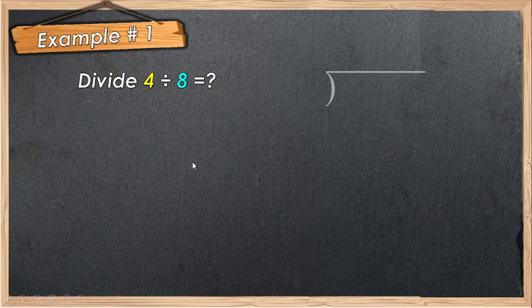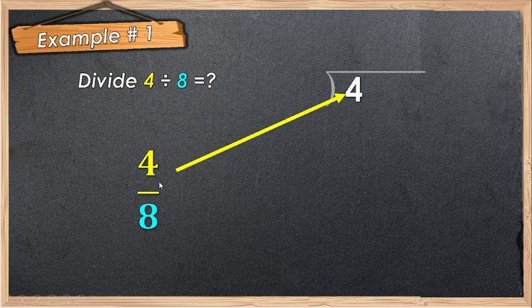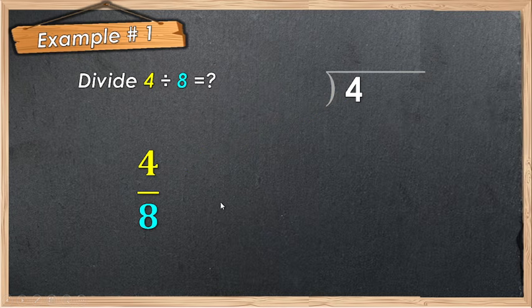Can we express 4 divided by 8 as 4 over 8? It is the equivalent fraction of 4 over 8, where 4 is the dividend, which goes inside the long division bar, and 8 is the divisor, outside the long division bar.